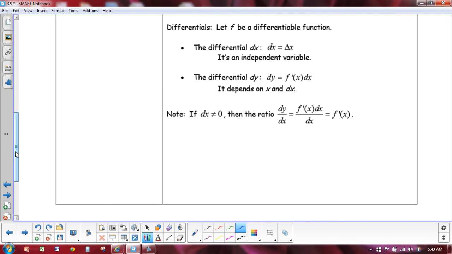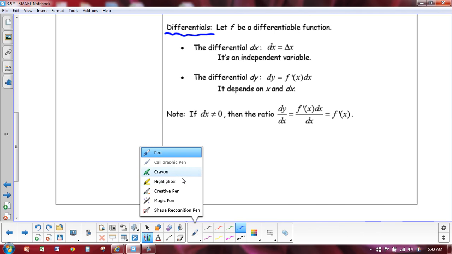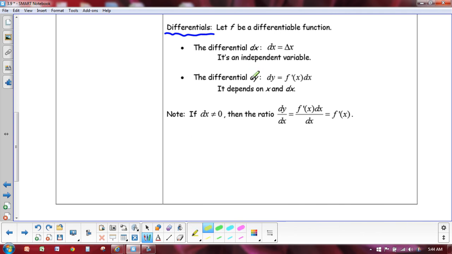But they just go ahead and define for you what dx is. dx is really your change in x, delta x. It's just an independent variable. We could do some other stuff with it, but we don't really need to. And then they give you this definition that dy is f prime of x times this dx part.